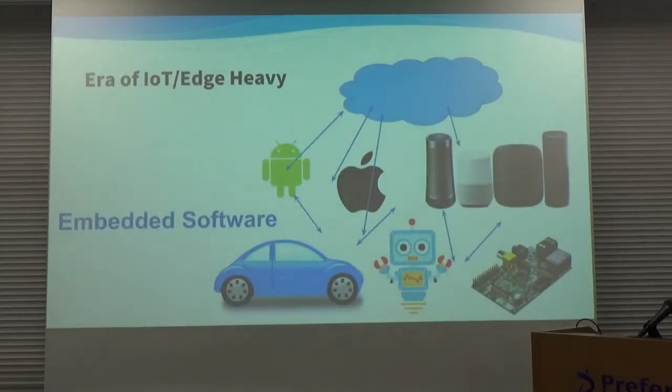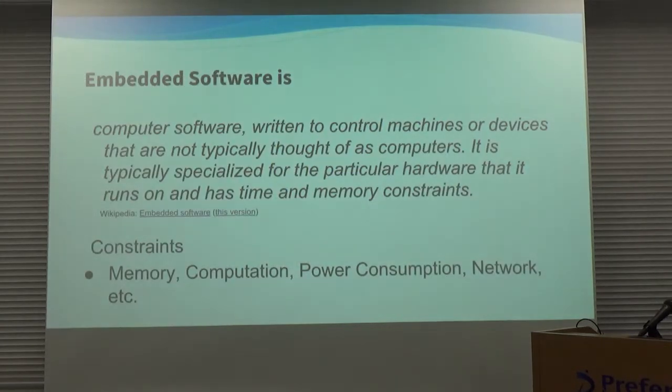As you know, the era of IoT and edge-heavy computing is coming, and we are a company for it. Embedded software, such as for cars or robotics, is becoming important. So what is embedded software?